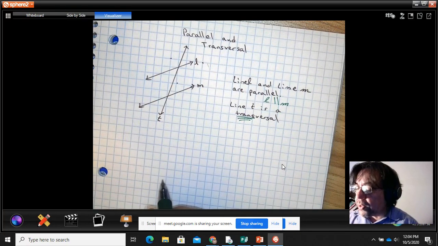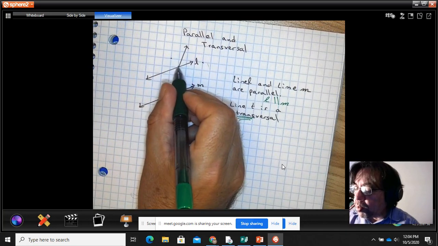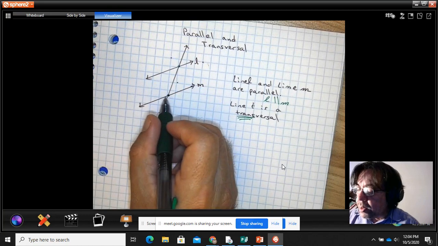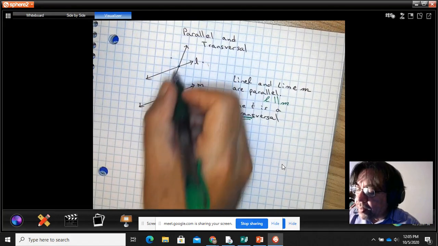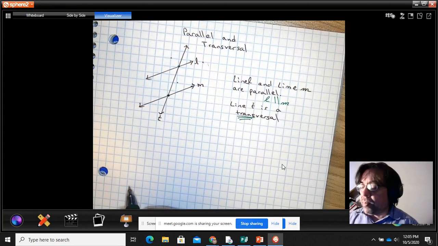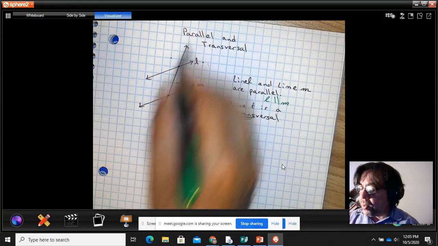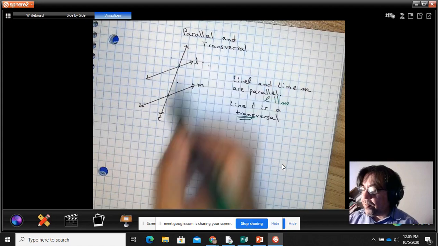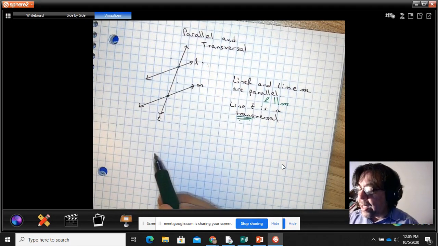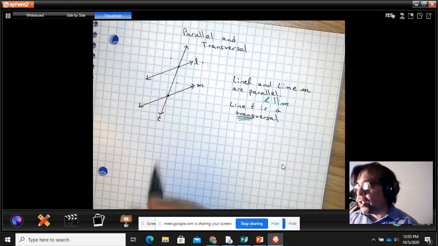Notice what happens at this point and this point. They cross at two distinct points, right? See how line T crosses at one point there and one point there? That makes line T the transversal.